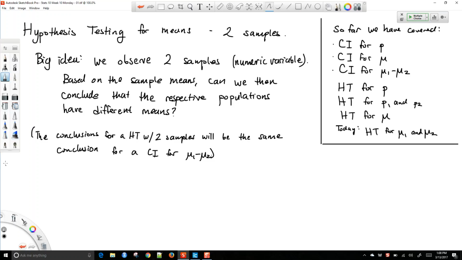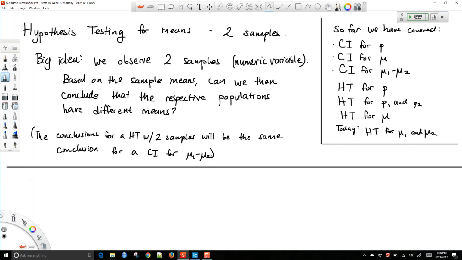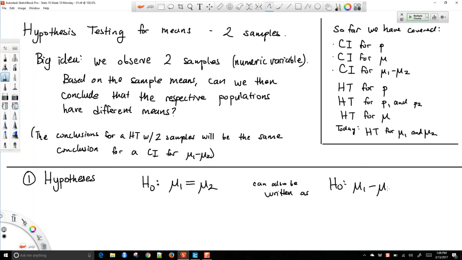The first step in all of these things is to set up your hypotheses. The null hypothesis in this case will always be mu1 is equal to mu2, which can also be written as mu1 minus mu2 is equal to 0. Both of these null hypotheses are equivalent. They say the exact same thing.